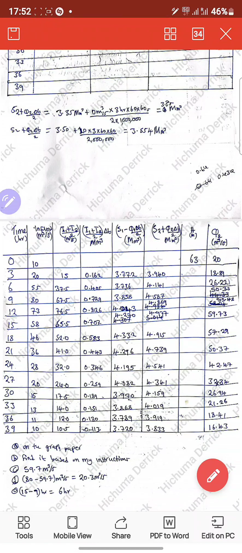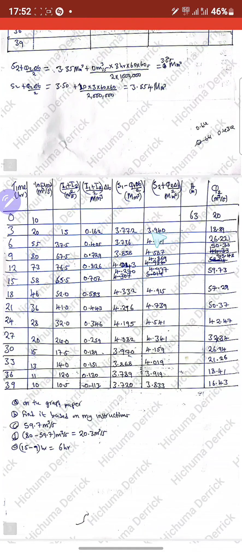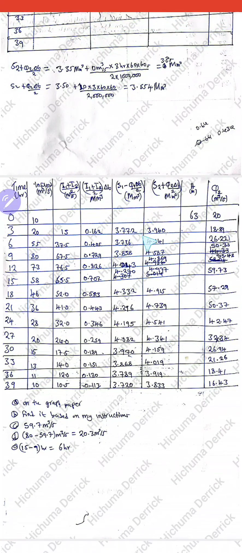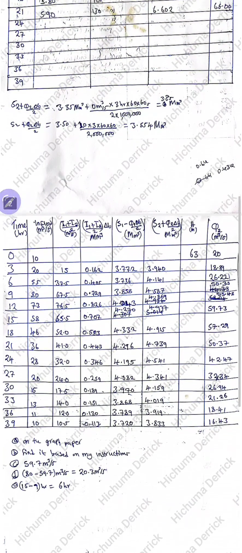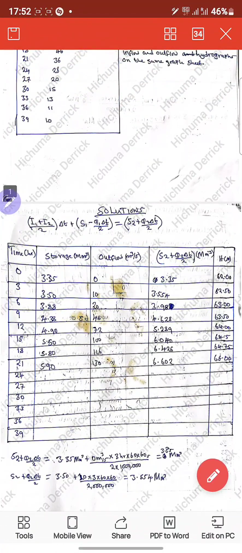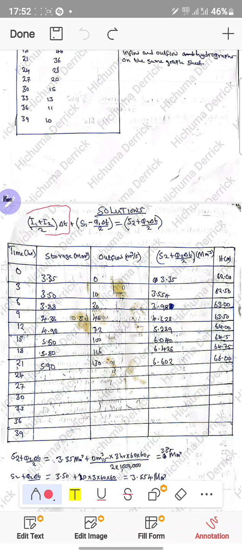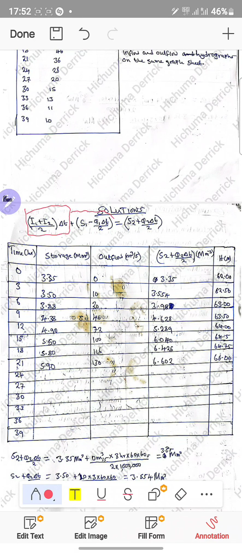Now when we put this value here, what does the formula say? The next value we need to put here. What does the formula say? The formula is telling us that we add this here plus this here to get this here. Remember we said all these are known variables, and that is what we meant, because we know the inflow, we know the time difference. Then from the initial conditions we have these.